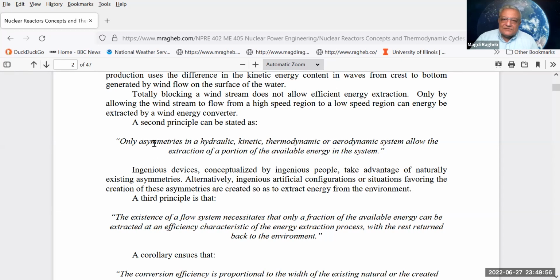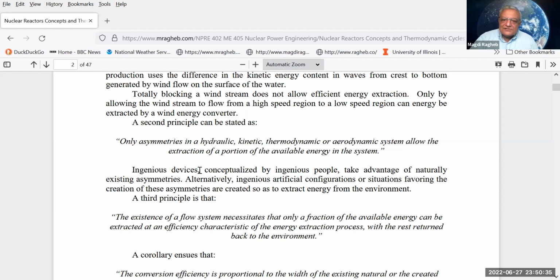And taking that into consideration, this asymmetry can occur in nature, like Niagara Falls has an asymmetry in the potential energy of the water at the top of the falls and a lower potential energy at the bottom of the fall. But because we can create that situation if it doesn't exist in nature and exploit it, we develop ingenious devices as engineers and scientists, understanding that if you just create an asymmetry, you can extract energy from the environment.